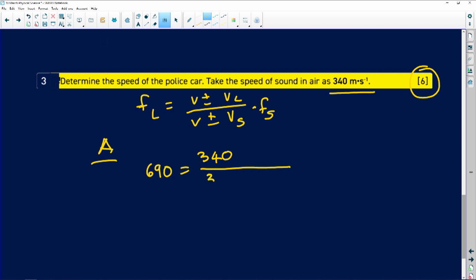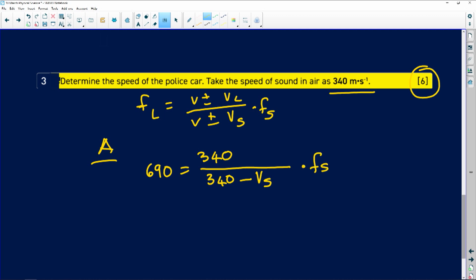V once again is 340. Now we don't know what Vs is here. Because it's coming towards me, it's going to be minus Vs, because the denominator needs to get smaller so that we can observe a higher frequency. And the frequency of the source, we don't know.